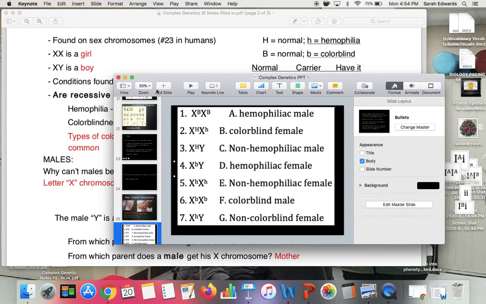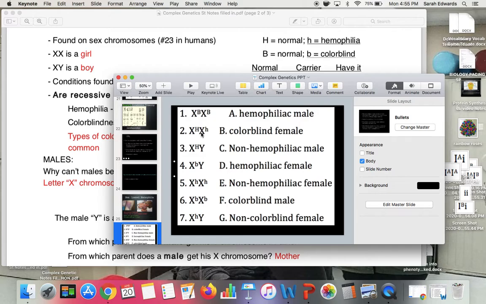There we go. The capital B stands for normal. So this is a normal female that is not colorblind. So X big B is a non-colorblind female. In other words, she's normal.